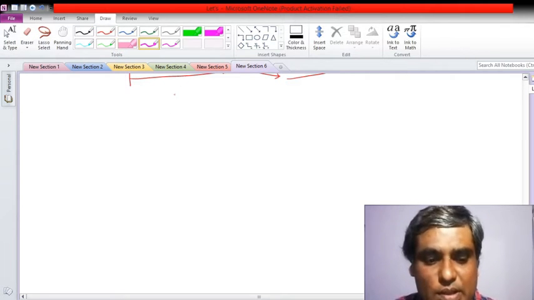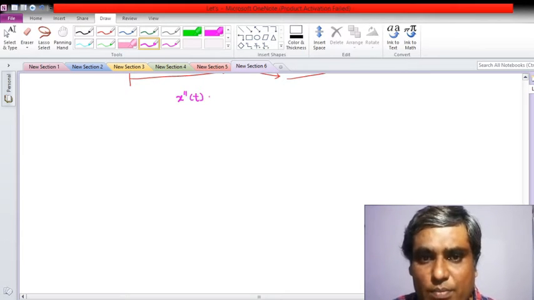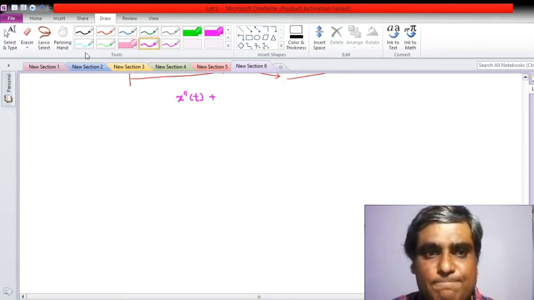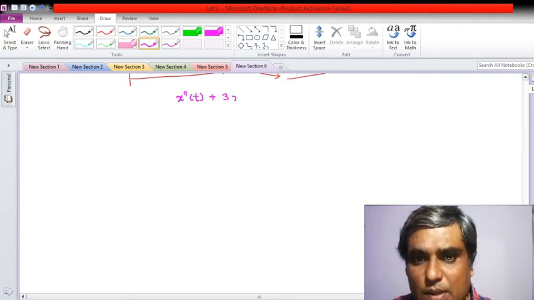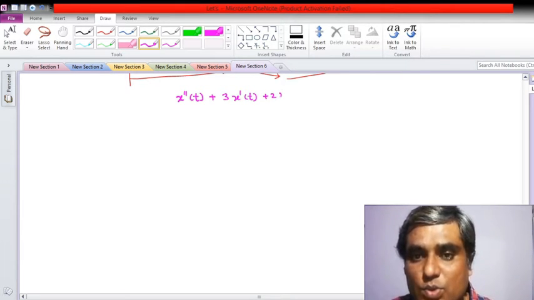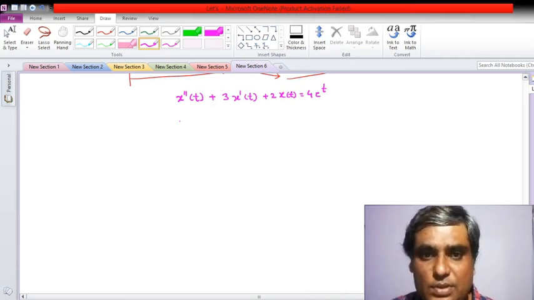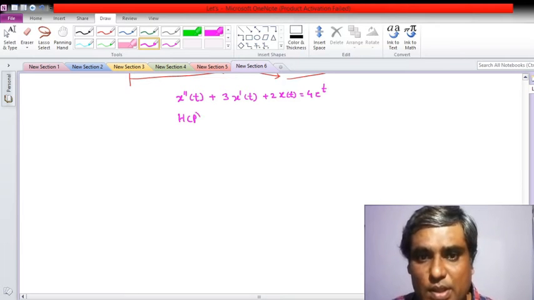So suppose one example I'll take: x double dash of t plus 3 x dash of t plus 2x of t, which is, let's say, 4 e raised to t. Now very simple. So first let me find out what is the characteristic equation.